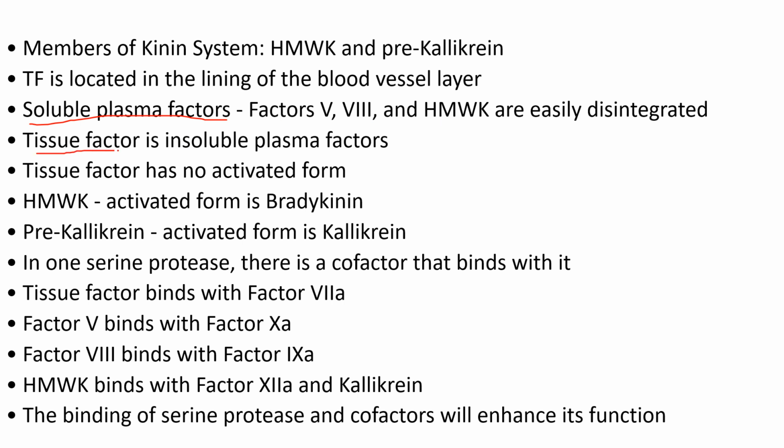Tissue factor is an insoluble plasma factor. Tissue factor has no activated form. Then your high molecular weight kininogen, its activated form is bradykinin. So HMWK, if activated, becomes bradykinin.